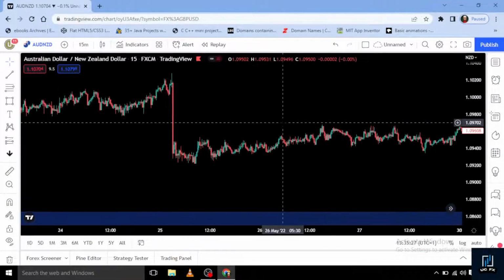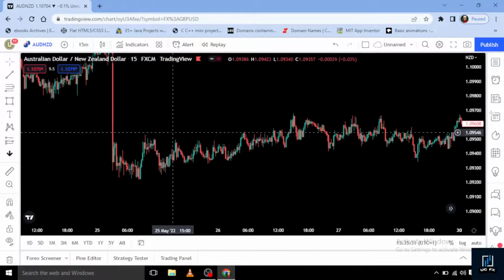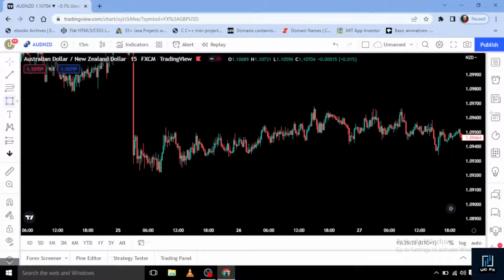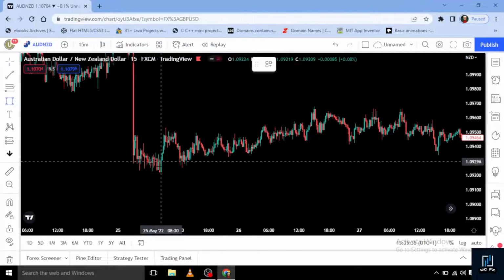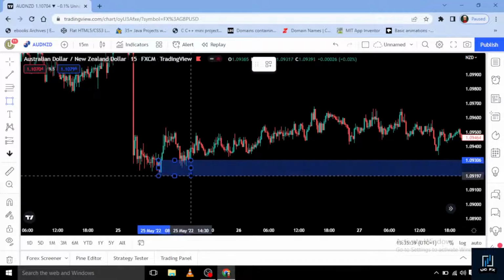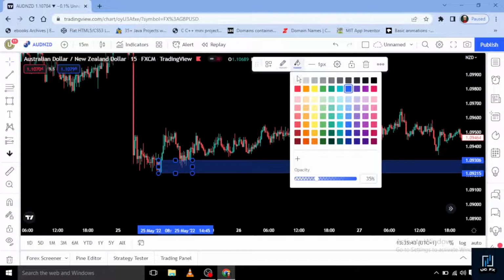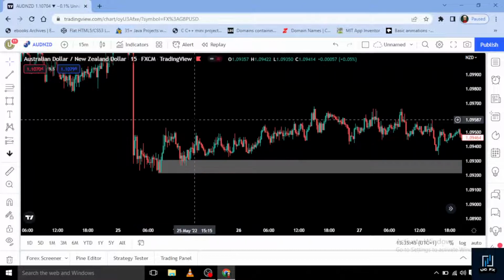Here on the 15 minute time frame, you would agree with me that we had a nice order block inside this area. So this is our last down candle before an impulsive move. So this is our 15 minutes time frame order block. So here we have our order block.